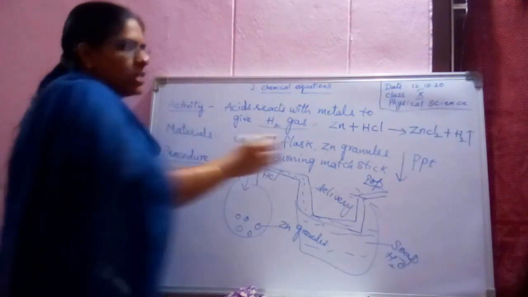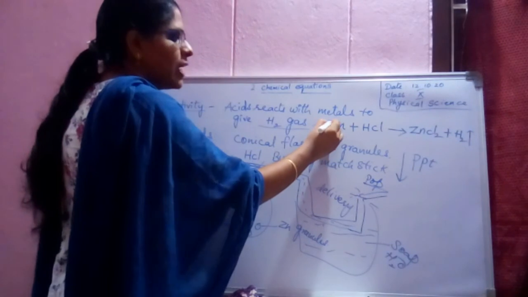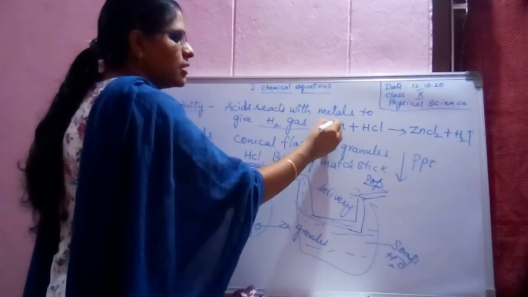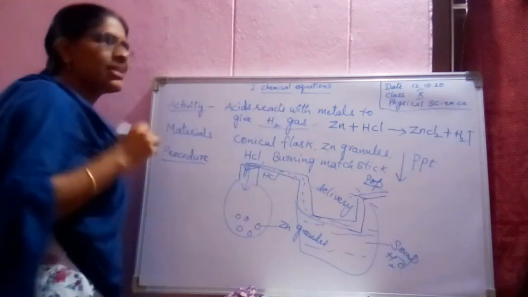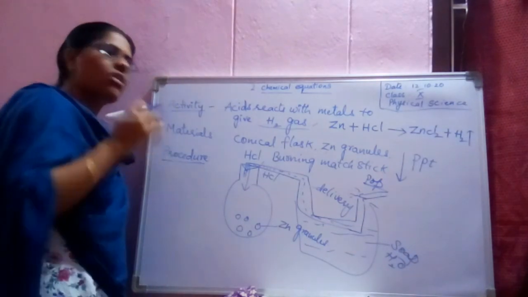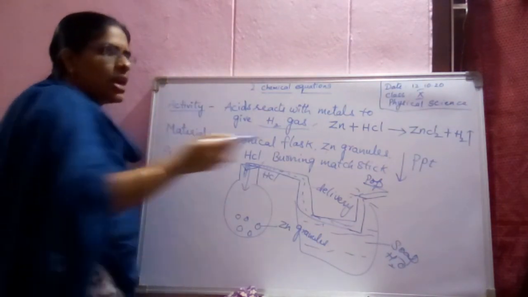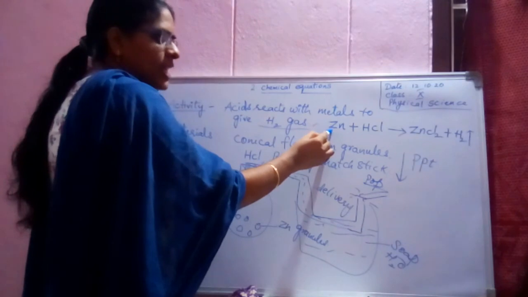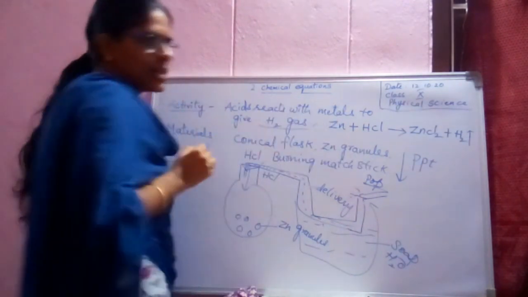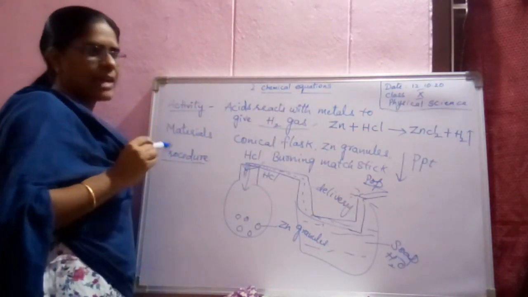Okay. See here, we need to find whether this reaction is a chemical change or a physical change. First I have taken zinc and I have reacted it with hydrochloric acid.